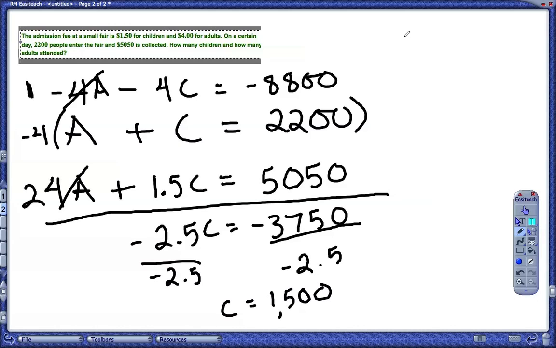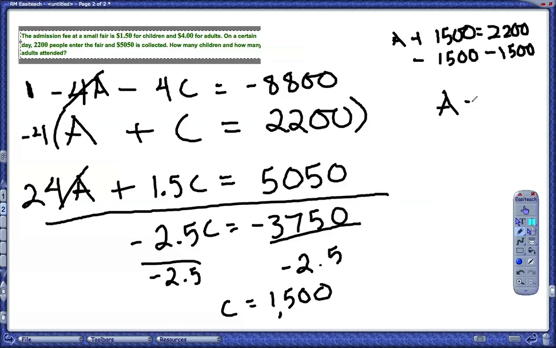So I have A plus 1,500 equals 2,200. If I subtract 1,500, the number of adult tickets is going to equal 700.